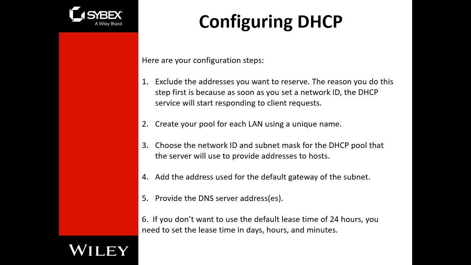After we've determined the pool, our next step is to identify the default gateway address. And this is the address that is assigned to the router interface that is servicing that network that we're handing addresses out to. Okay, so it's a router interface address that you're giving here.